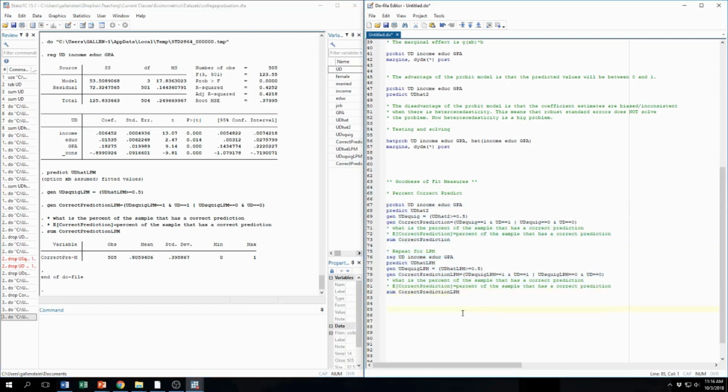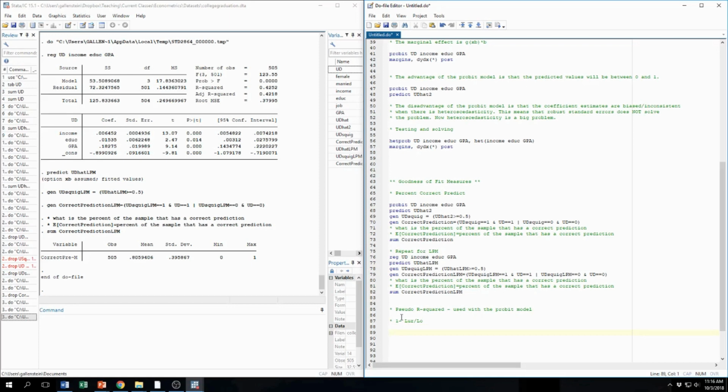All right, the other one is the pseudo R squared. Now, this is used with the Probit model. If you remember, the pseudo R squared is 1 minus L unrestricted divided by L naught.